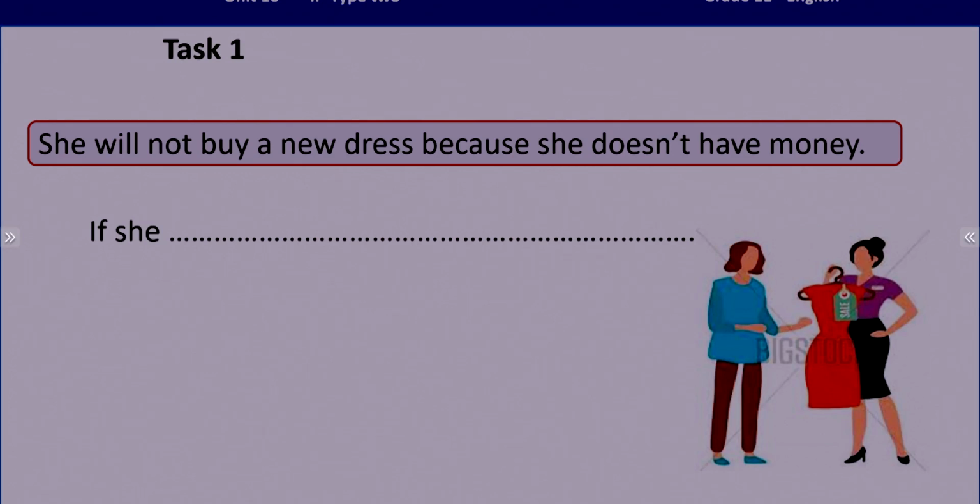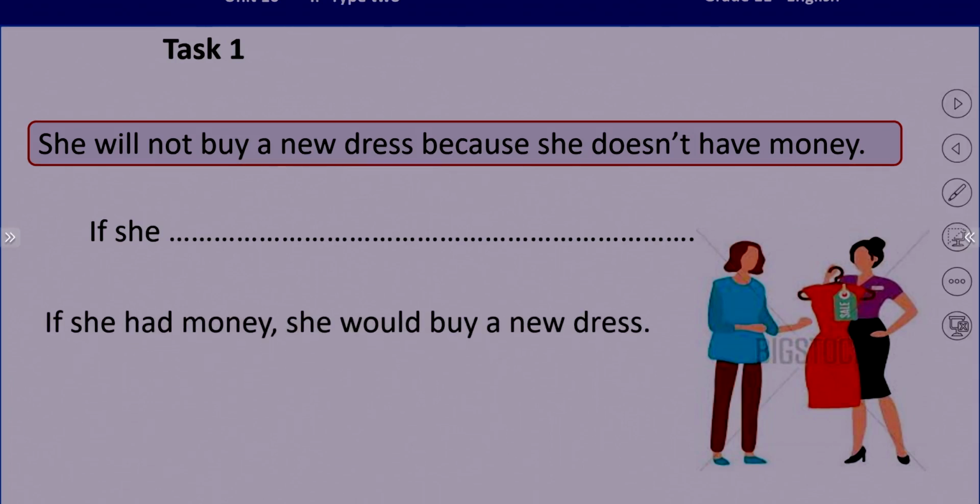Hope you gave it a try. Let's check the answer. Right, if you have this in your writing book, excellent job. If she had money, she would buy a new dress. Let me repeat. If she had money, she would buy a new dress.